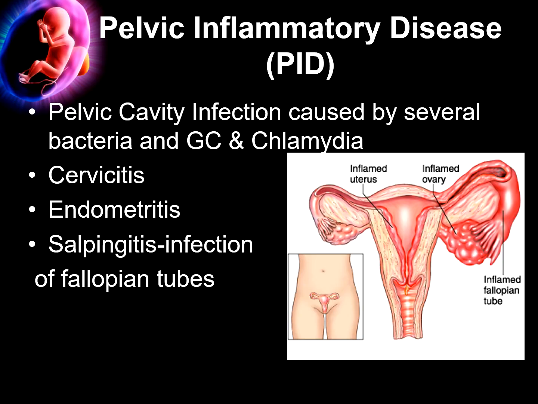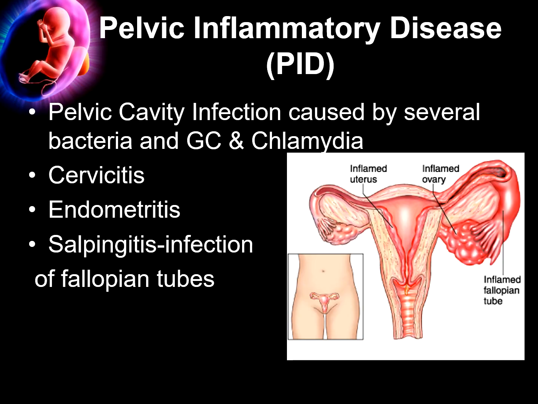We can also have cervicitis, endometritis, and salpingitis, an infection of the fallopian tubes. It is diagnosed by pelvic exam, and it causes extensive tubal scarring and infertility.